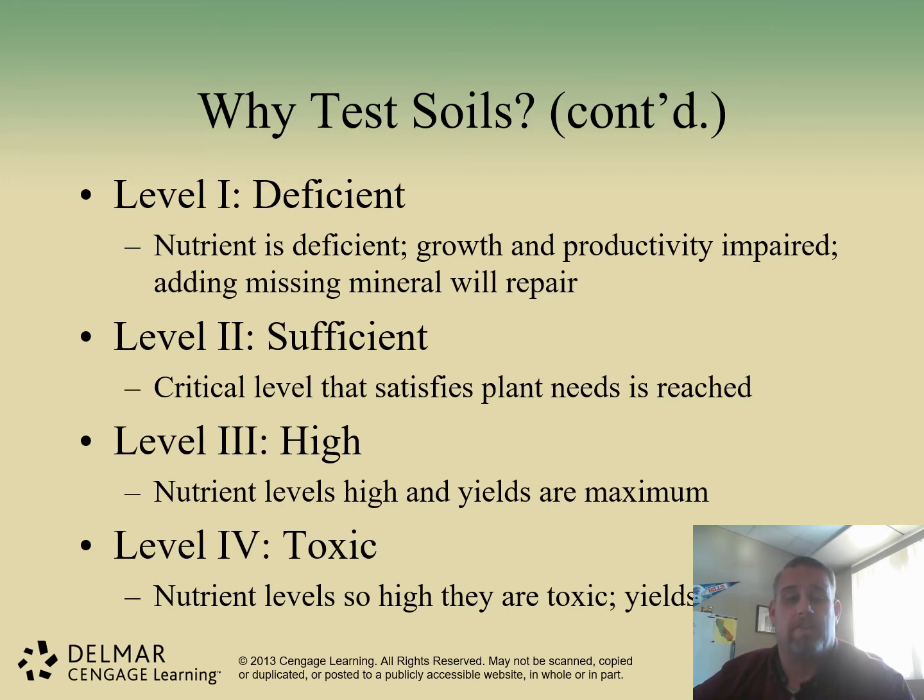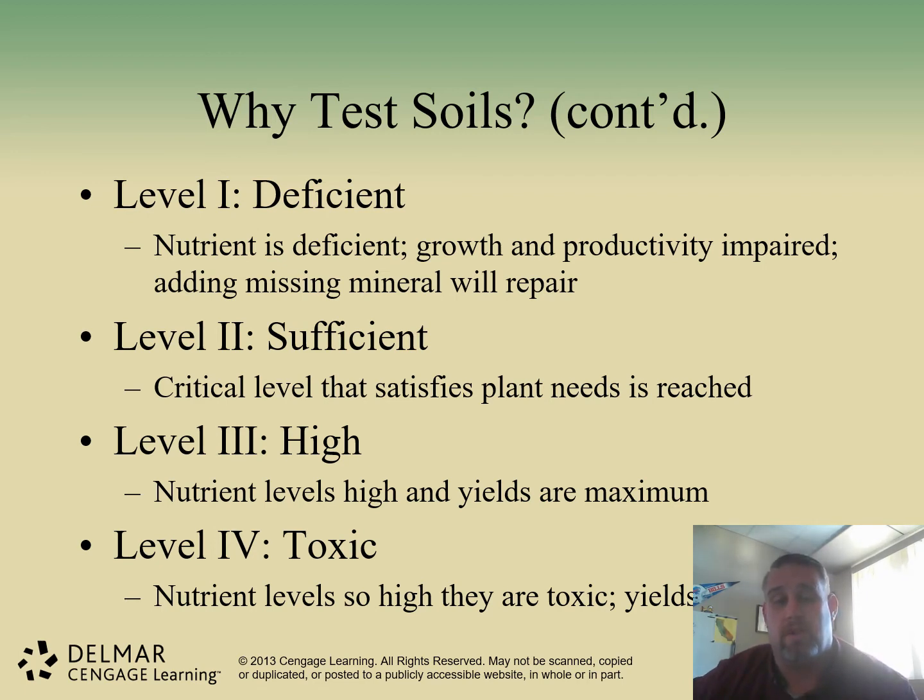So there are varying levels of soil tests. Level 1 would be a deficient soil test, and this is where nutrients are deficient. The nutrient is deficient, it's going to cause growth or productivity impairment, or it's missing a mineral. Level 2 is where a critical level that satisfies the plant needs is reached.